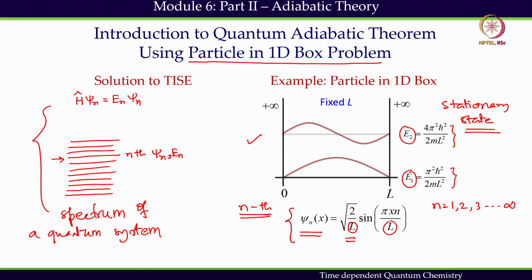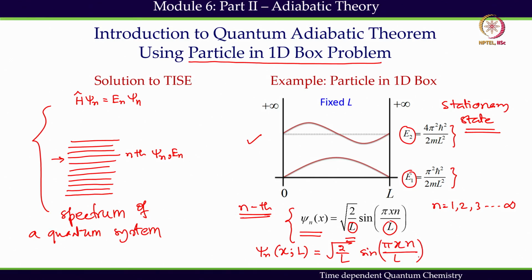This is why the nth stationary state wave function of the particle in one-dimensional box should be more appropriately represented by this: psi n of x semicolon L equals square root of 2 by L sine of n pi x by L.